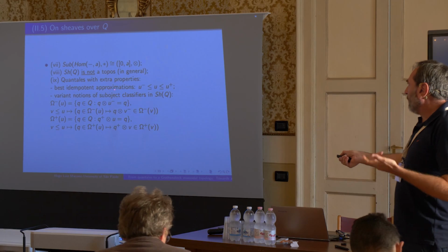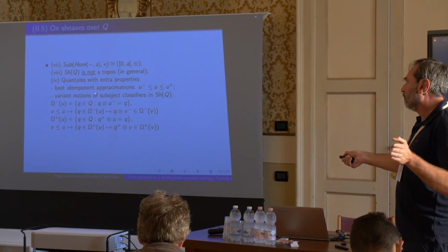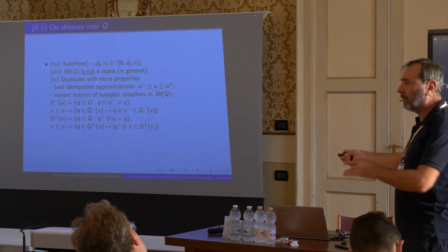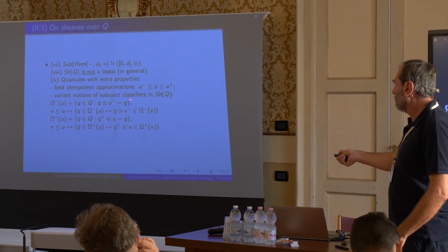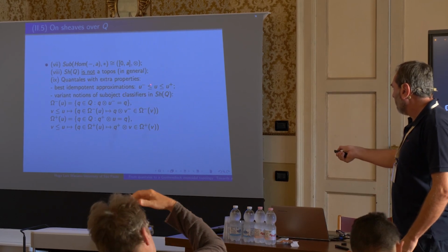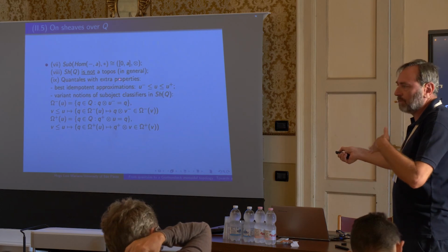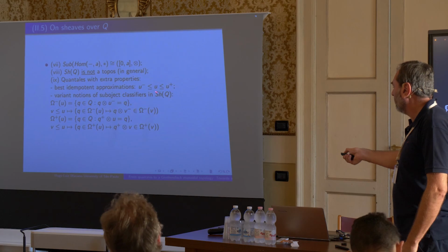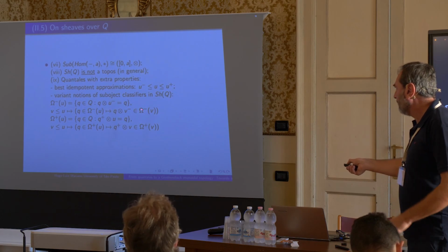If we assume some extra properties on the quantale, which I will not define in detail, like best approximation from below and from above, there are conditions for this to hold. Best approximation from below holds for every semi-Cartesian quantale, but from above it's more difficult.